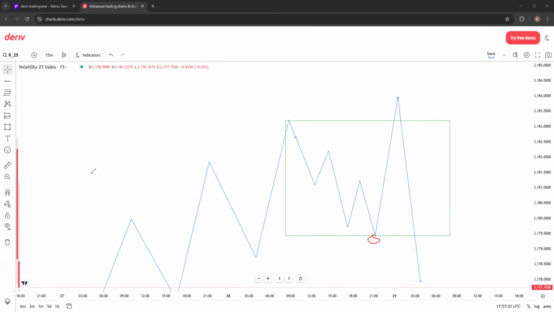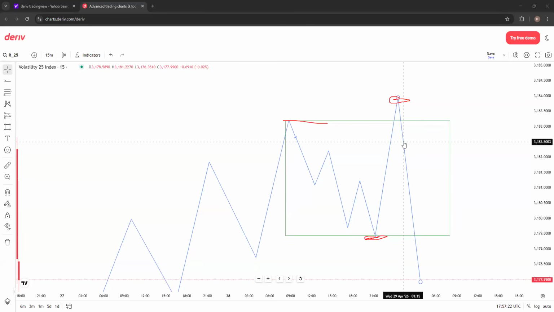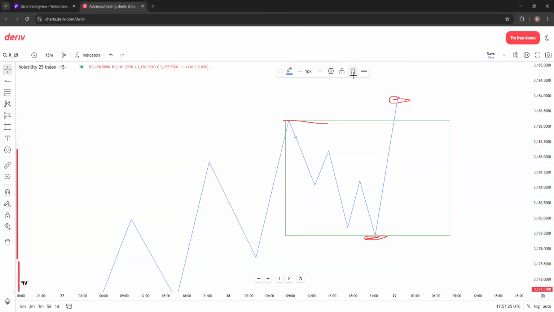So let's say, like you see here, our valid high is this high, and our valid low is this low. This low is valid because it broke a high here, right? So let's say we get in a situation whereby we come, we give a low, and we fail to break that high.